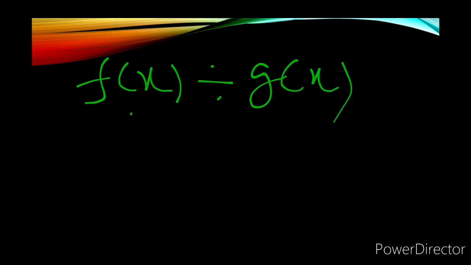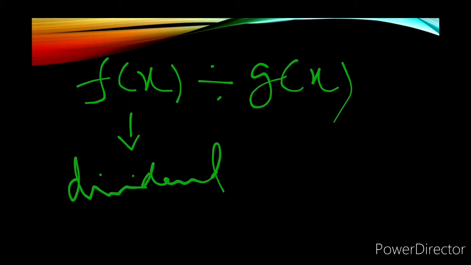Here f of x is the dividend and g of x is the divisor. If we divide a number by another number, we get two more numbers.